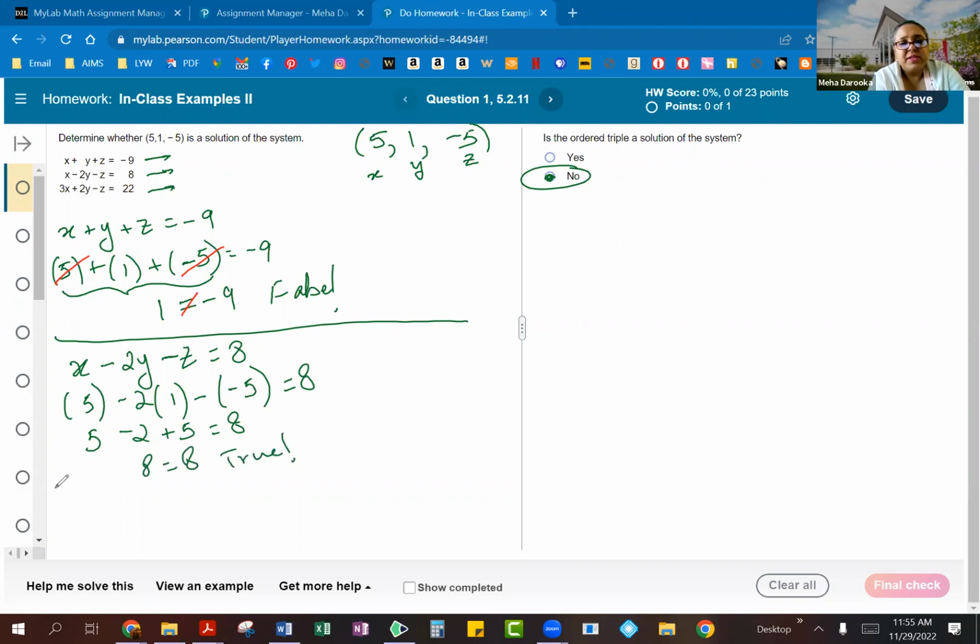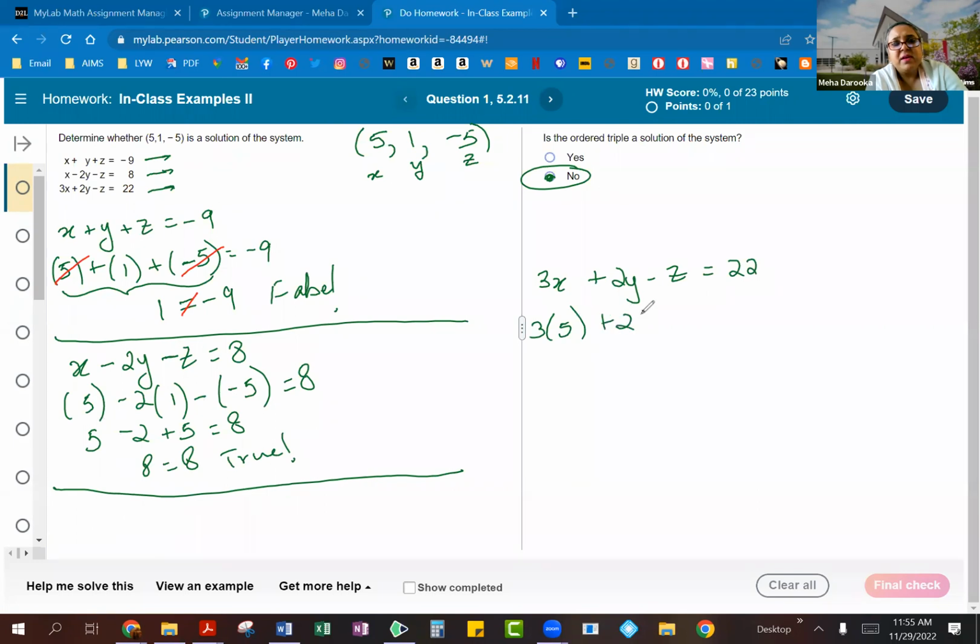You get a true for the second one. And then let's see the third one, 3x plus 2y minus z equals 22. So again, our x is 5, y is 1, and same thing, you have a negative from the equation and then a negative from the number.